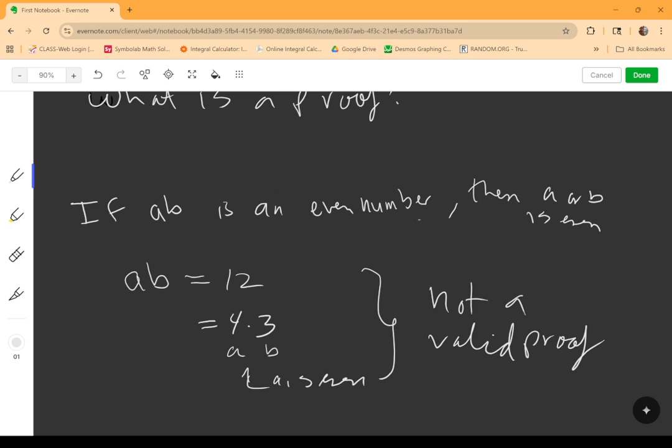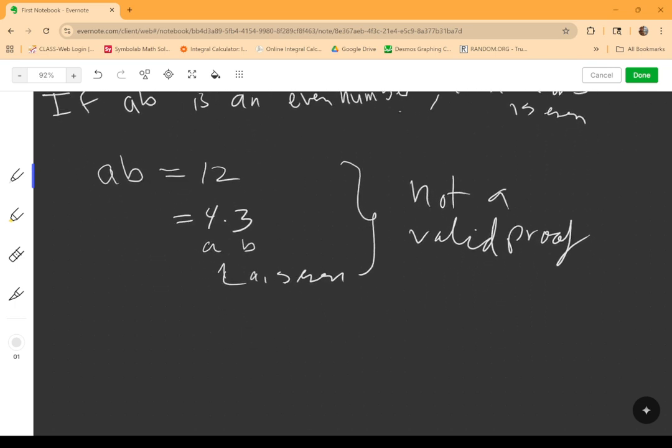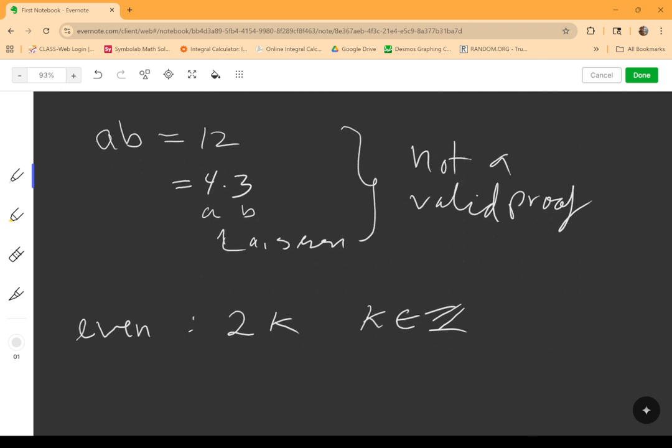Now, one thing that is going to come up throughout the course is this idea of an even and an odd number. If a number is even, then I can always represent it as 2 times k, where k is some integer. This fancy Z here is an integer. So this value will always give you an even number.